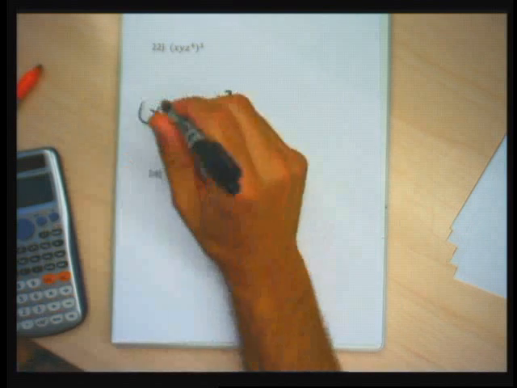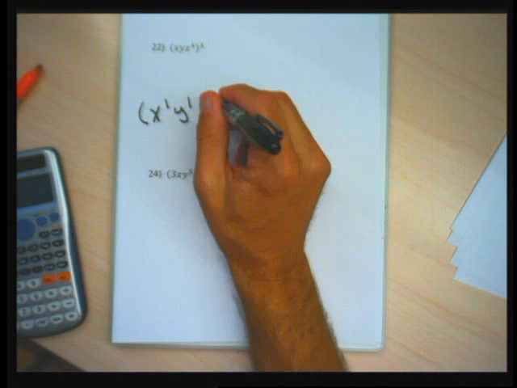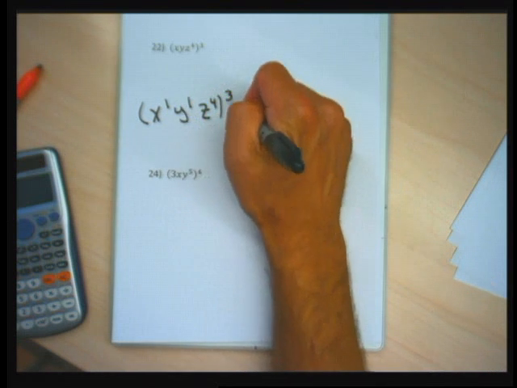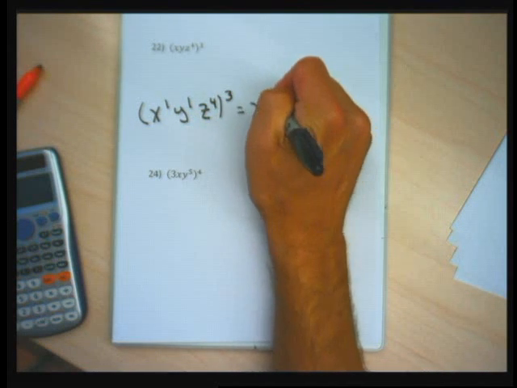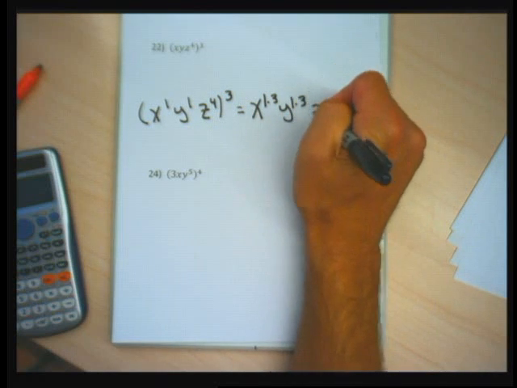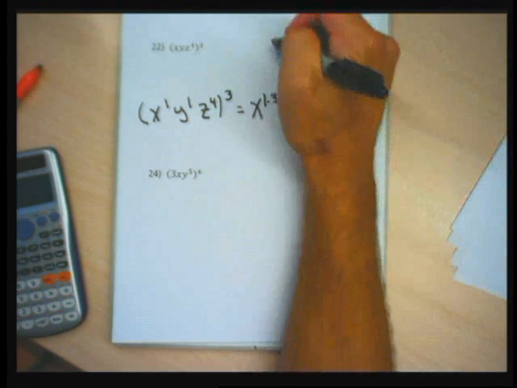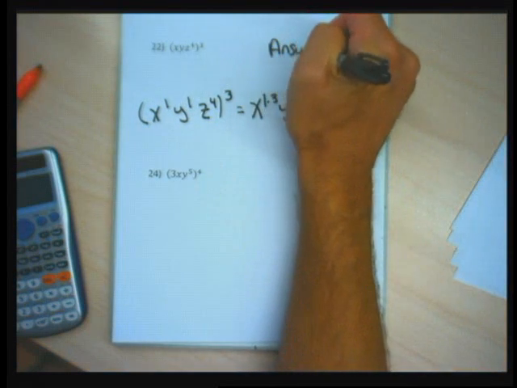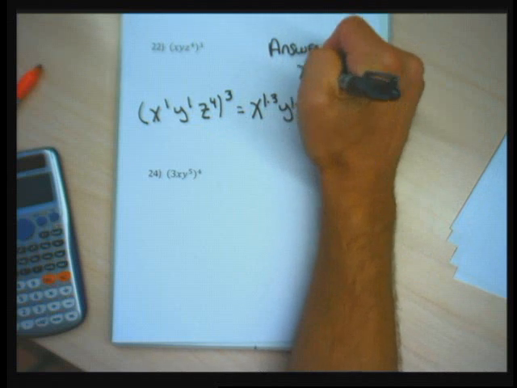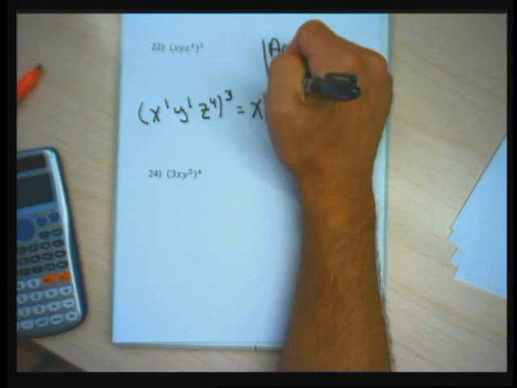And because there's no adding or subtracting, I can cube by just multiplying the exponents by 3. So this would be x to the 1 times 3, y to the 1 times 3, z to the 4 times 3. And my answer is going to be x cubed, y cubed, z to the 12th.